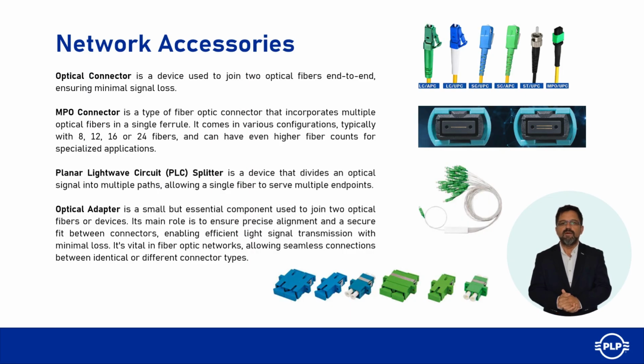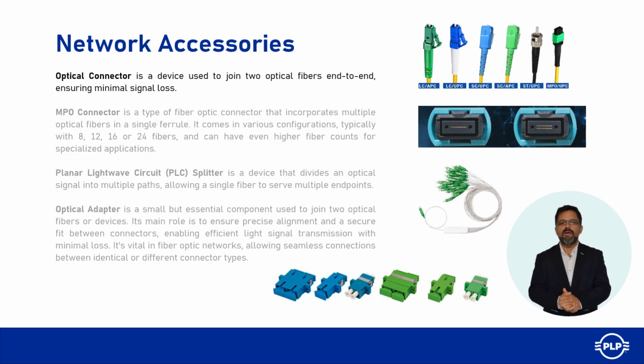Now let's focus on key passive components that enable the physical connectivity, splitting, and adaptation of fiber links in optical networks. An optical connector, sometimes referred to as a coupler, allows for quick and easy connection or disconnection of fiber optic cables, unlike splicing, which is permanent. Connectors come in various types such as SC, LC, ST, or E2000, each suited for different applications and environments.